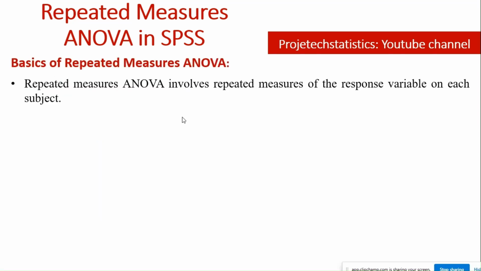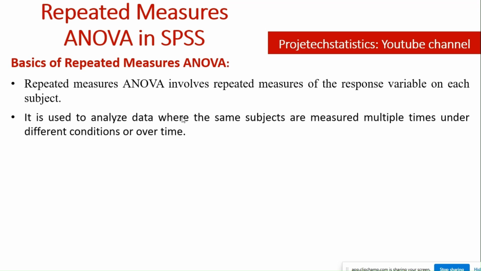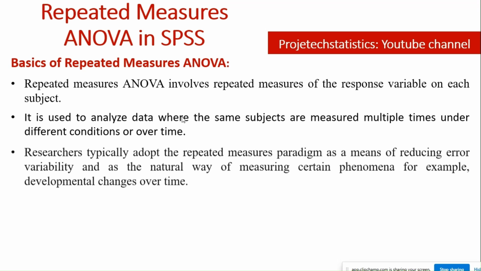First of all, what is repeated measures ANOVA? It involves repeated measures of a response variable on each subject. When you have repetition of a response variable on a particular subject, this analytical tool is used to analyze data where the same subject is measured multiple times under different conditions or over time.